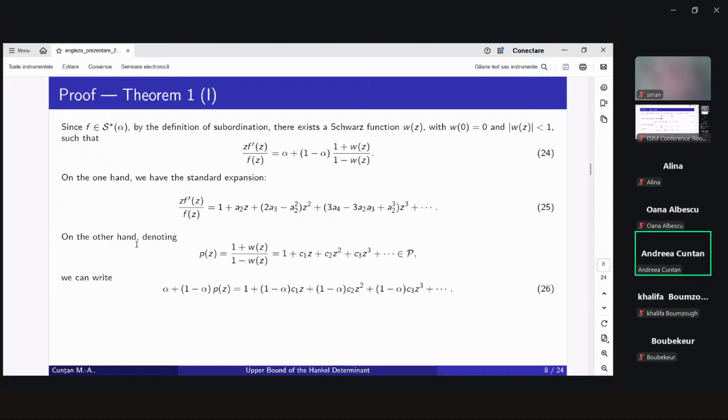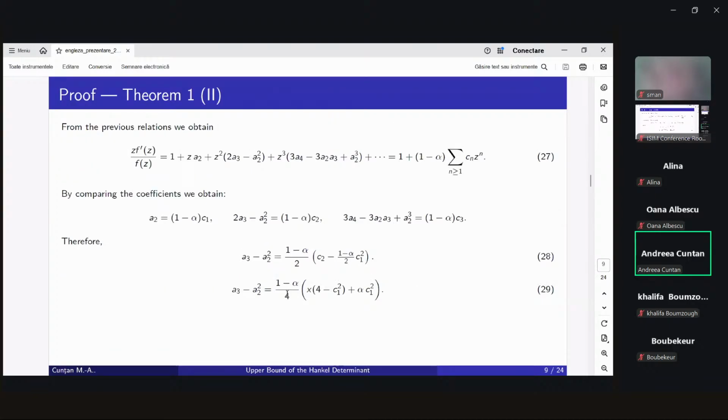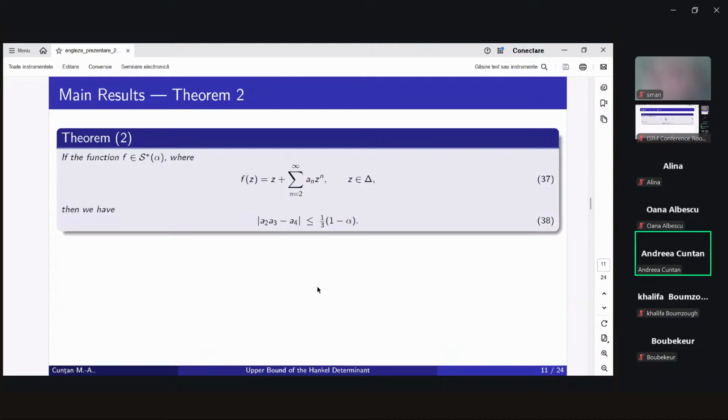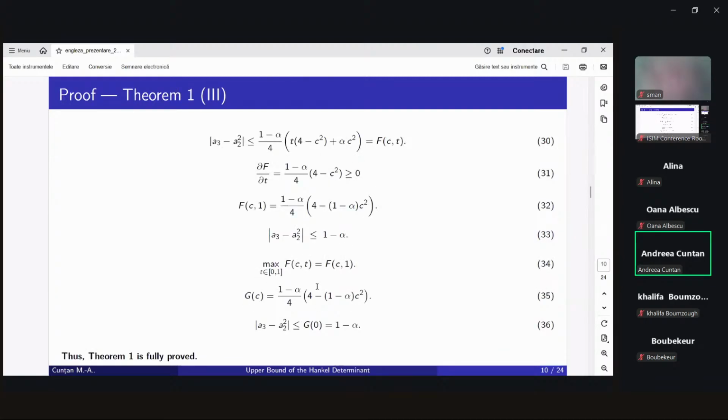On the other hand, denoting the equation, you can write the next relation. From the previous relation, you obtain the next relation. By comparing the coefficients, you obtain the next relation. Thus, Theorem 1 is proved.